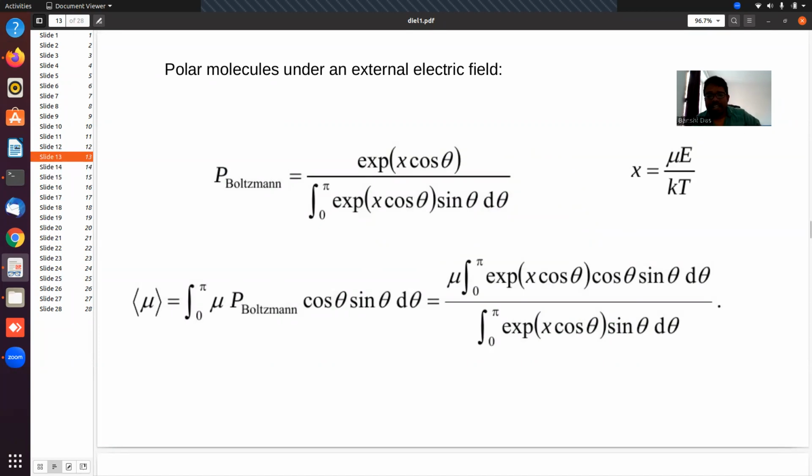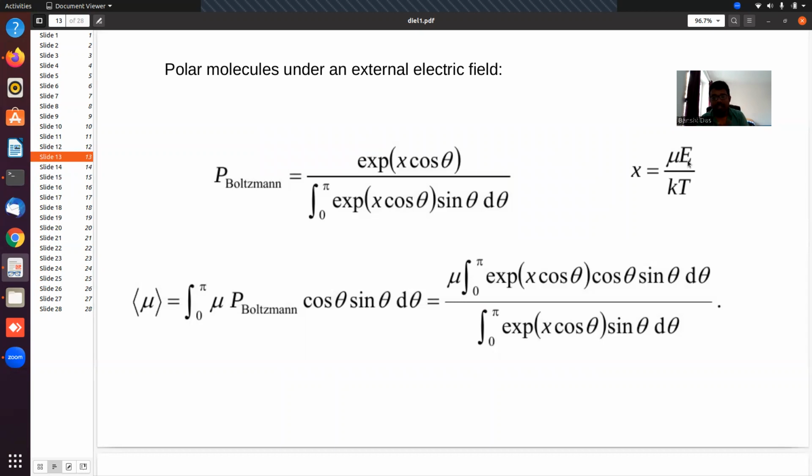So consider a polar molecule in an electric field. What is the Boltzmann probability? Suppose that the polar molecule has dipole moment mu, in electric field E, and cos theta is the angle between the dipole moment and the electric field.